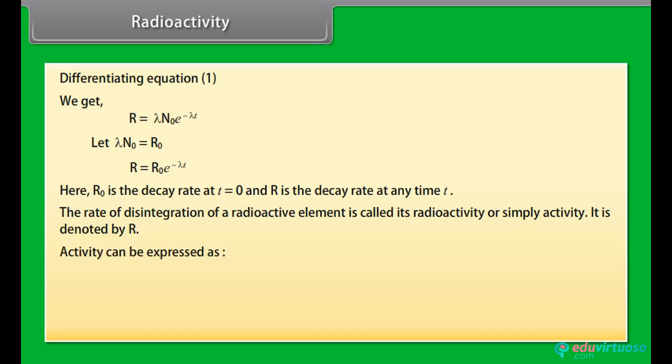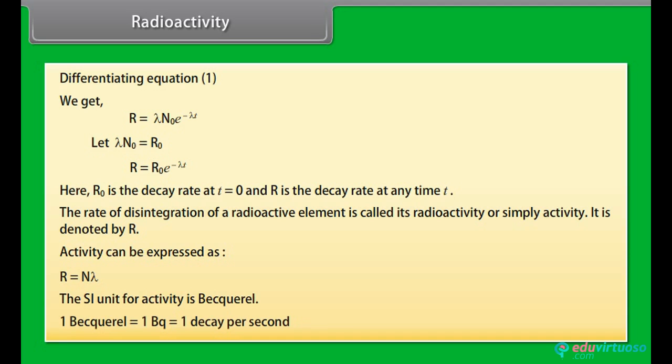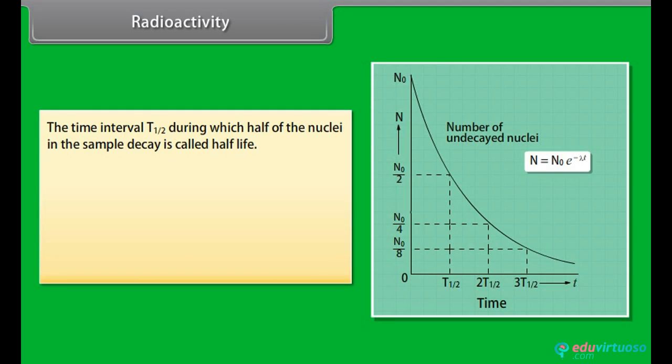Activity can be expressed as R = Nλ. The SI unit for activity is becquerel. 1 becquerel = 1 Bq = 1 decay per second. Radioactivity. The time interval T-half, during which half of the nuclei in the sample decay, is called half-life.